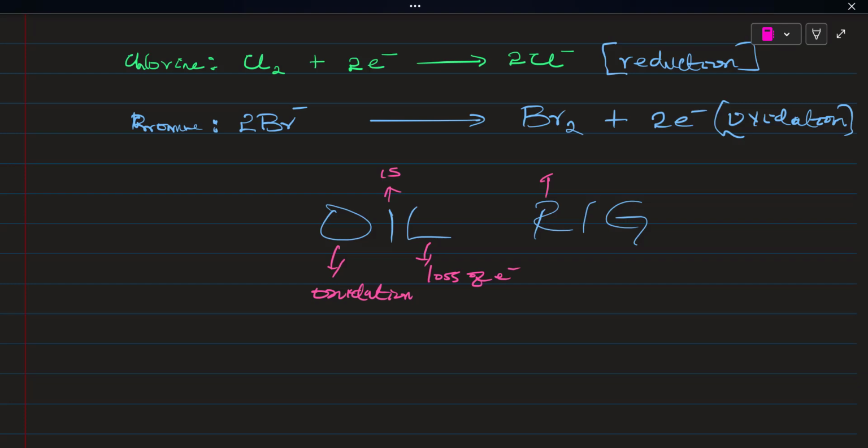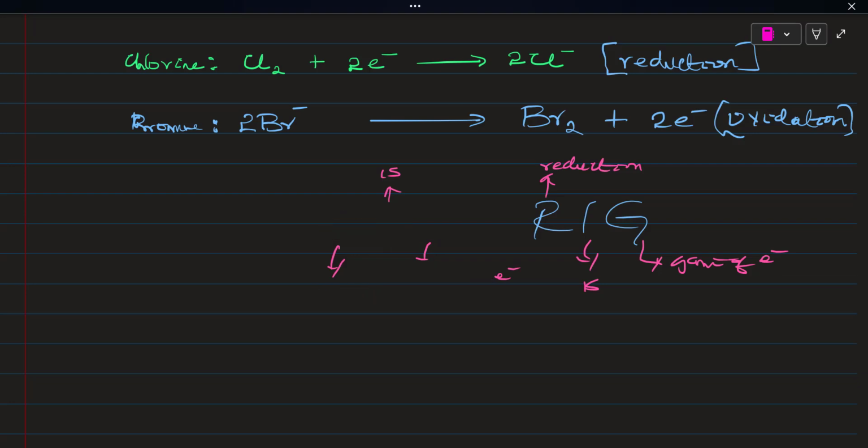Same thing for RIG. The R part of it is reduction, and then the I means is, and then the G means gain of electrons. So that will help you remember that oxidation is loss of electrons and reduction is gain of electrons.